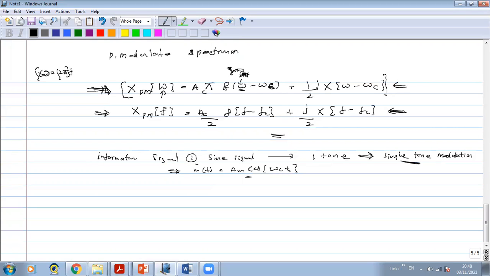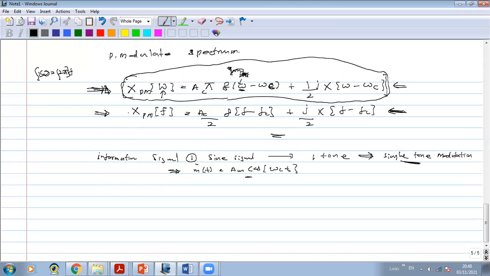I will use this because I am more familiar with omega, but of course you can use the other one also. If you use this one, you can see that here we have X(omega minus omega_c).